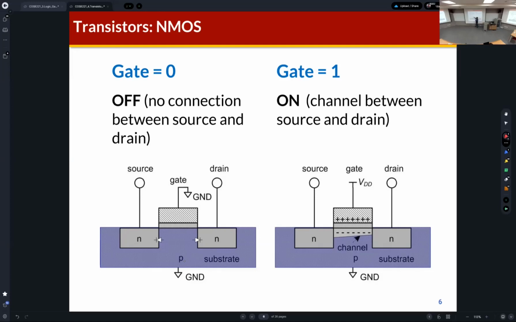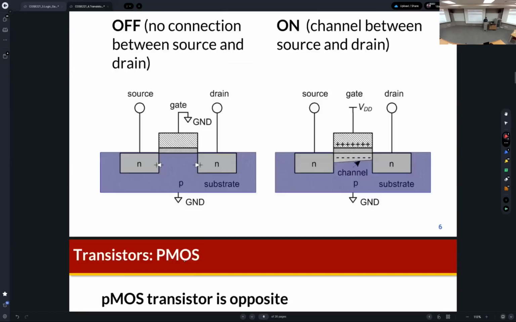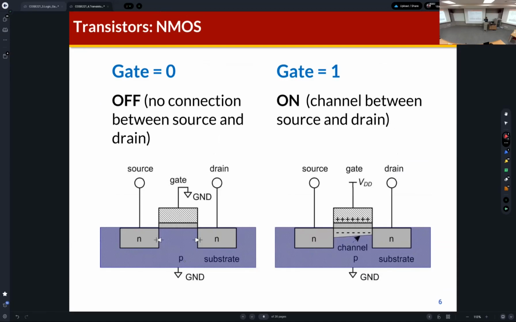And if the gate is connected to the ground with 0 volt, the channel is not generated, so it's not connected. So using the gate voltage level, we can control the operation of the transistor.